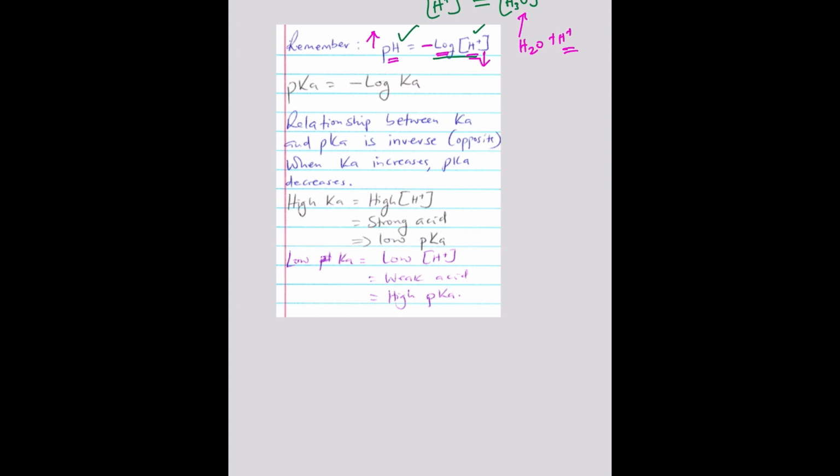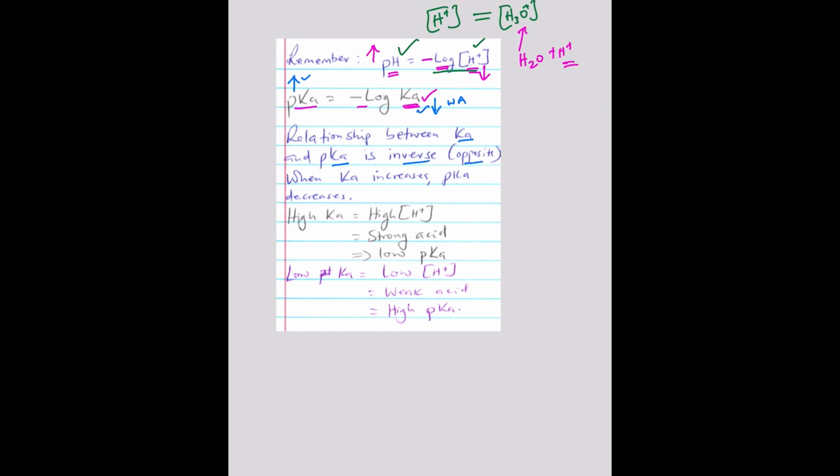Now we can use that with pKa. Remember the acidity constant: pKa equals minus log of the acidity constant Ka. So low Ka means high pKa. Low Ka means weak acid, and that would mean you have high pKa. The relationship between Ka and pKa is inverse, opposite.